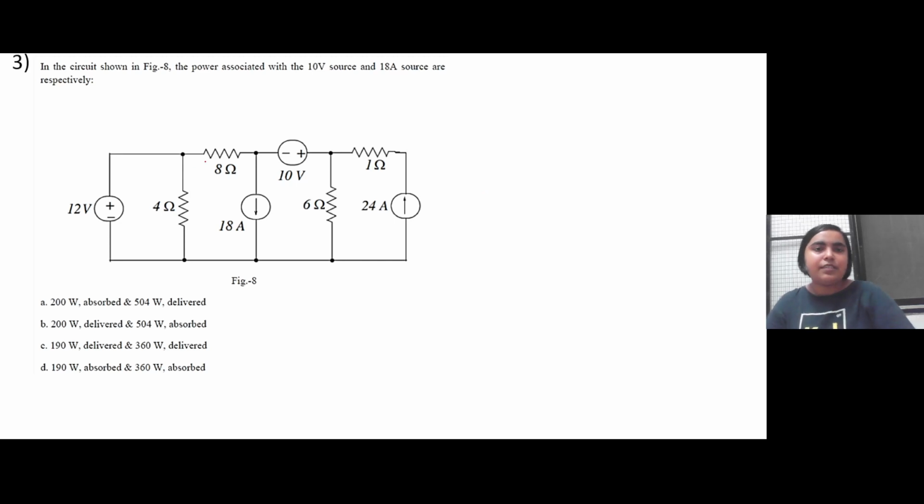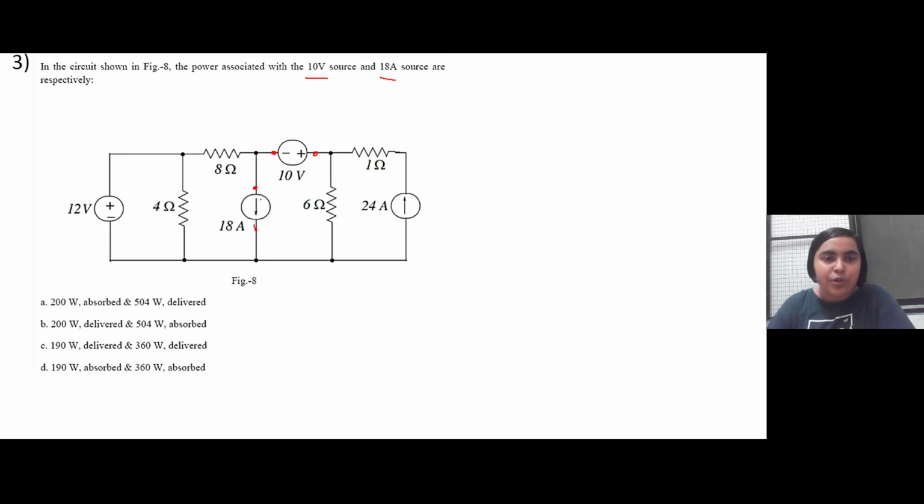Okay. Then let's look at the third problem, in which a circuit is given and you have to find the power associated with a 10 volt source and 18 ampere current source. So there is this current source and this voltage source. Like we calculated power in the previous one, it will be similar, right?